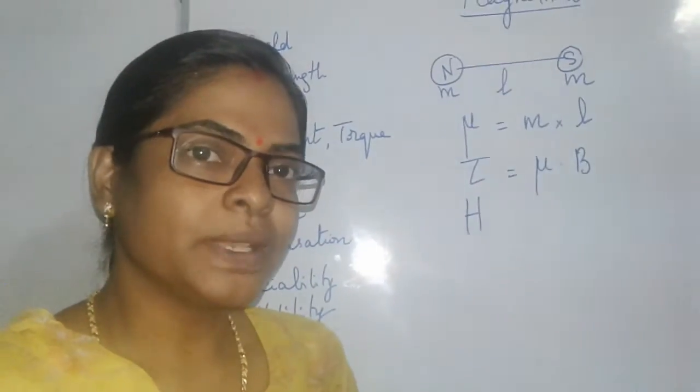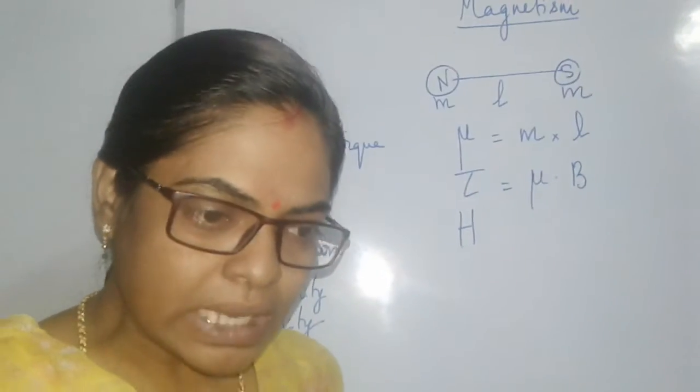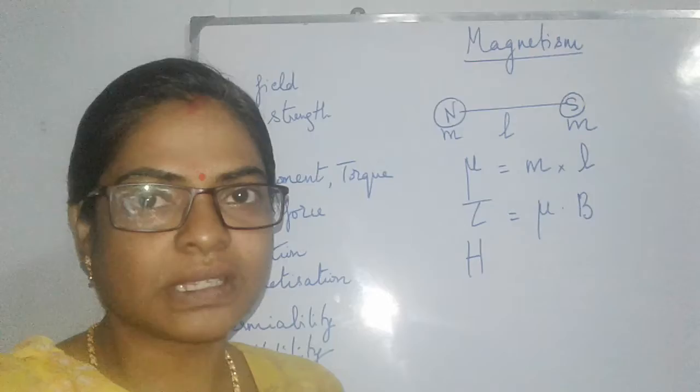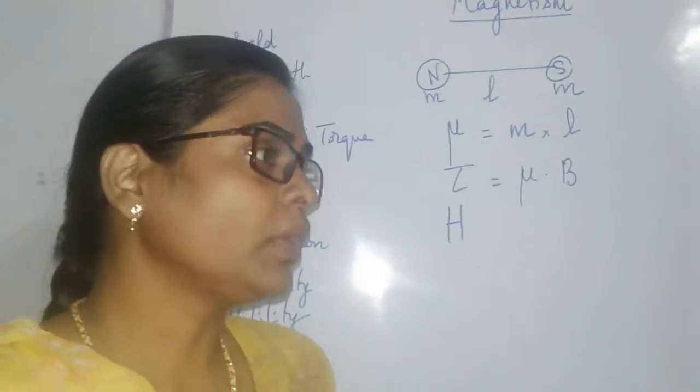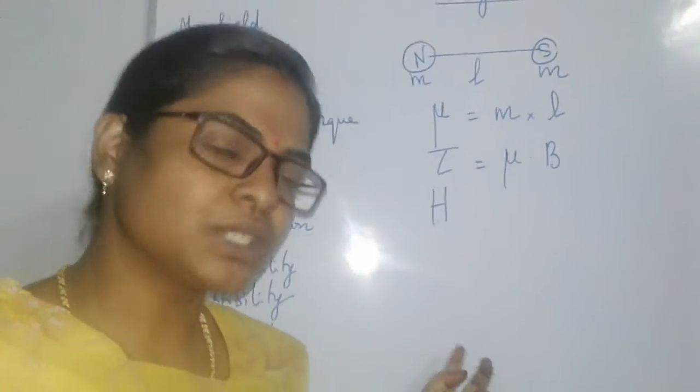I will post a question that you have to tell me why only these three elements, iron, nickel and cobalt, are magnetic materials. You find the reason and WhatsApp me. Anyway, I will tell you the reason in my next video.